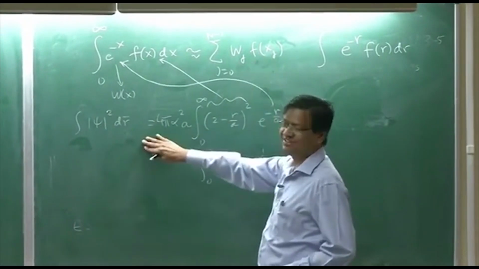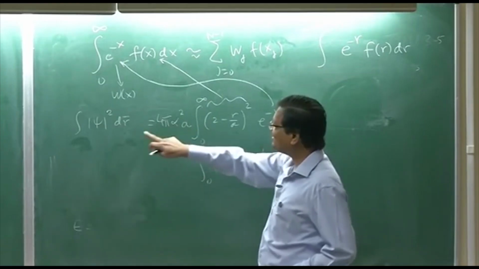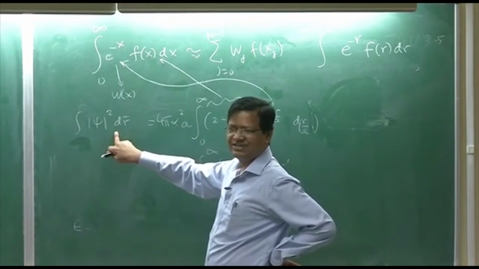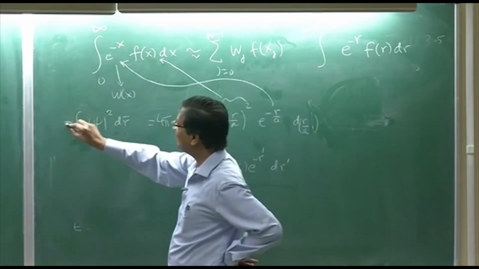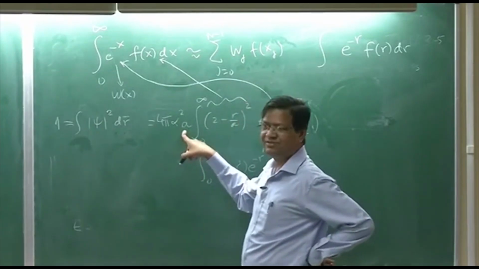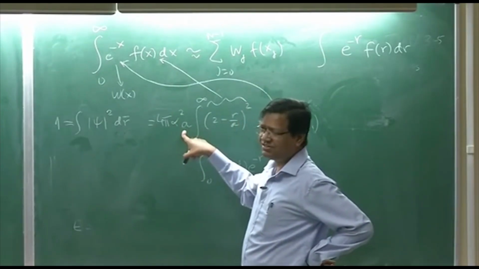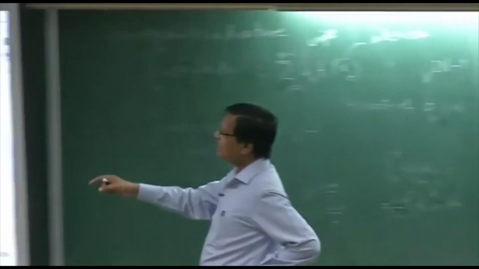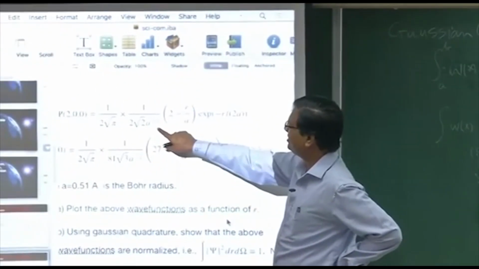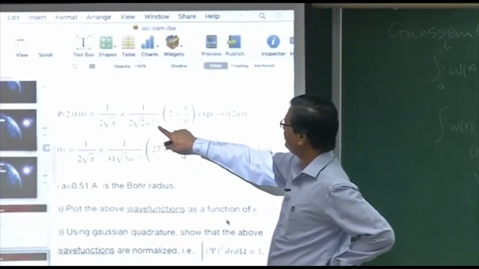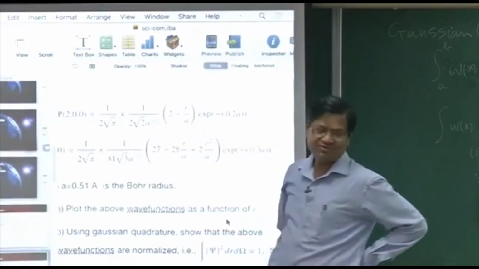Now this a looks like mod psi square has a dimension of a, is that correct? It should be the number 1, so this a must cancel with something. Where does it cancel? Alpha squared, very rightly, has a to the 3 by 2. Also, it is r squared, yes, so we made a mistake.